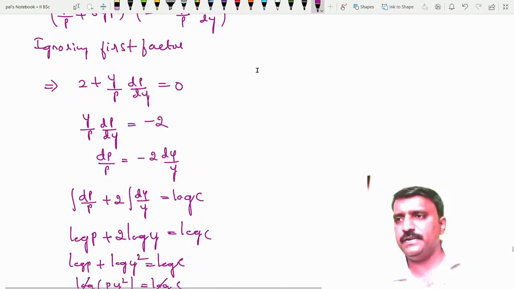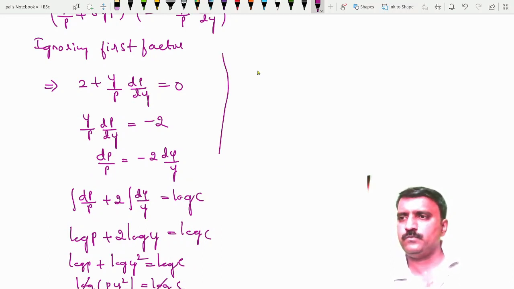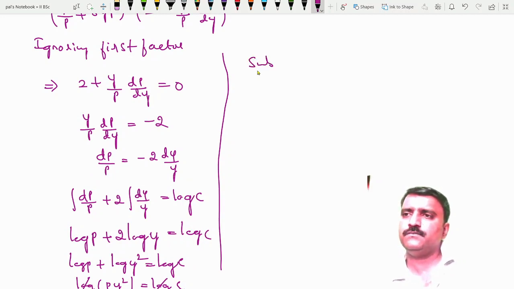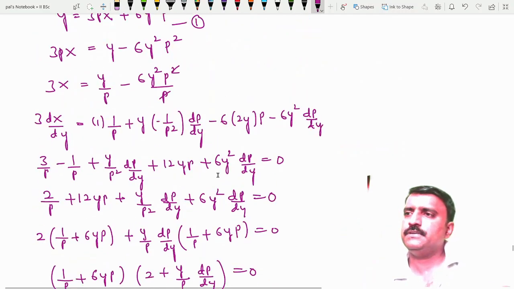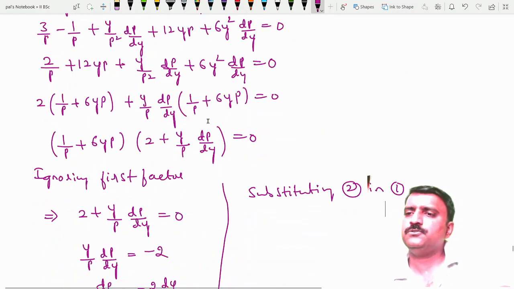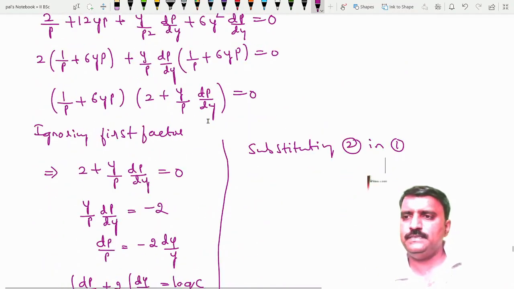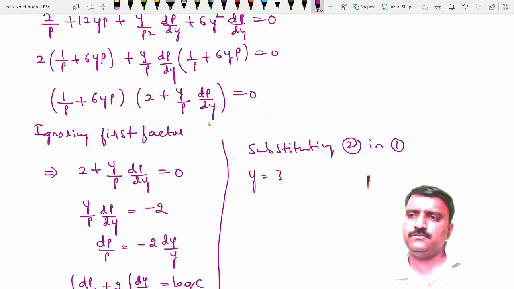Substituting 2 in 1. What is equation 1? Y is equal to 3px. What is p?